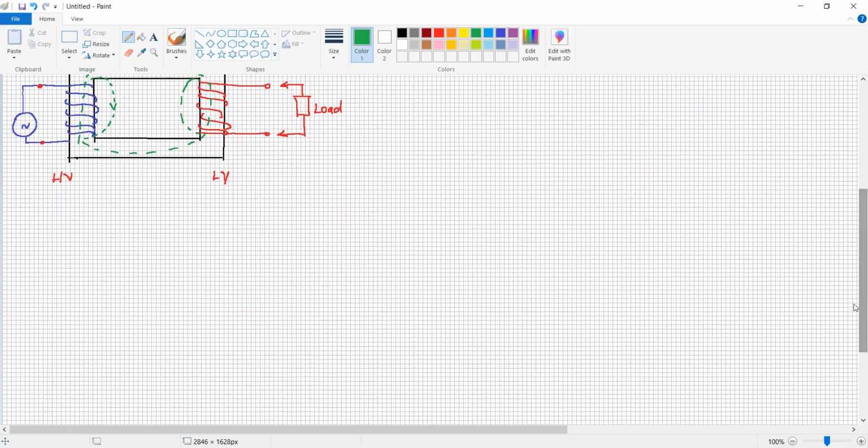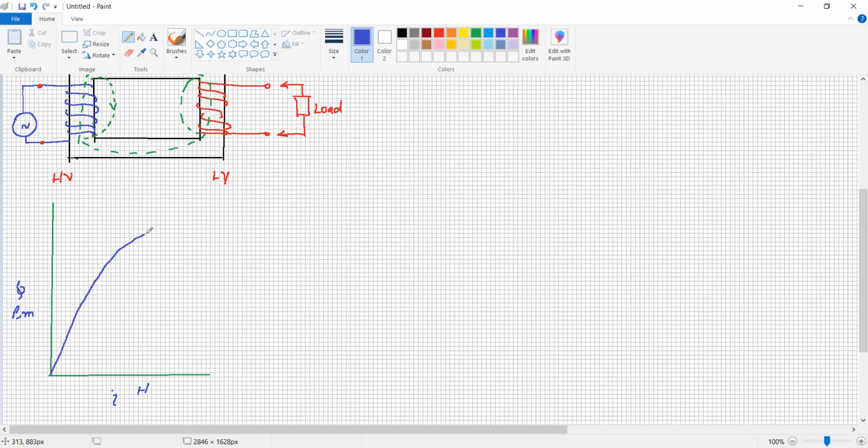Before going to the next point, what is its meaning? This is the magnetic flux phi, and it is the current I, or the maximum flux density Bm, and this is the value of H. So the BH curve is like that.